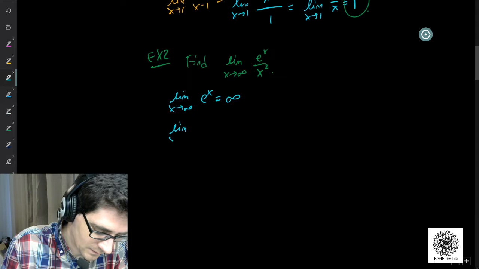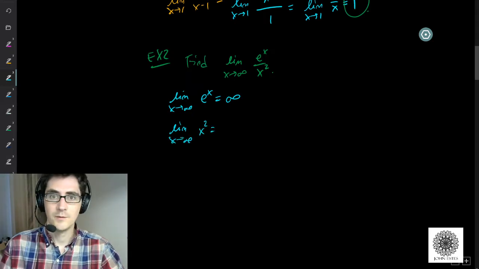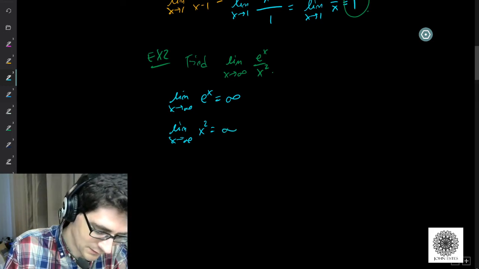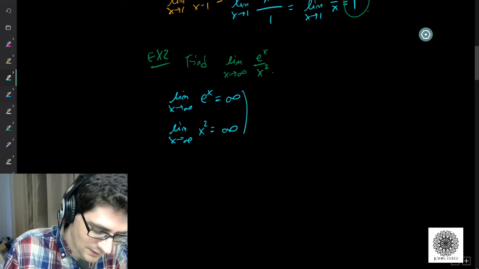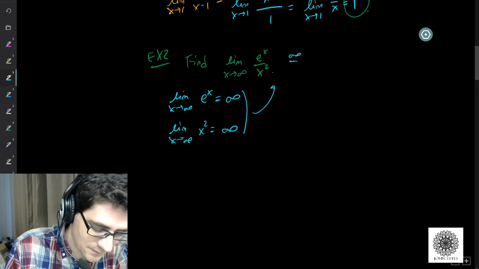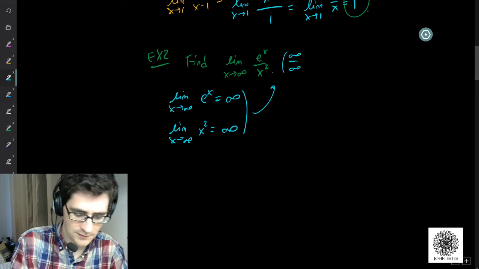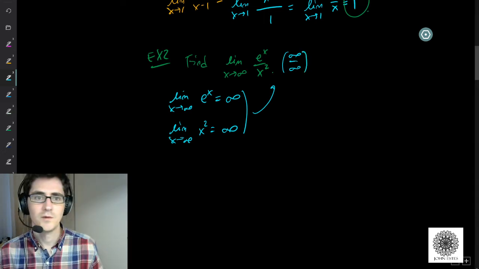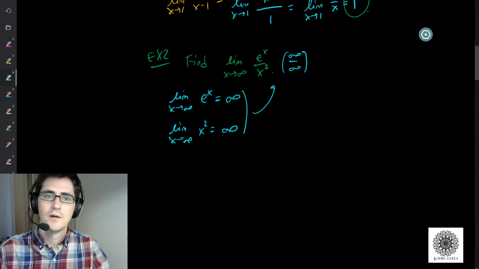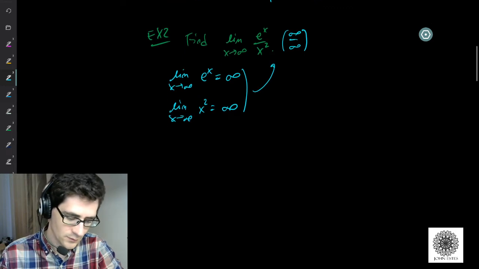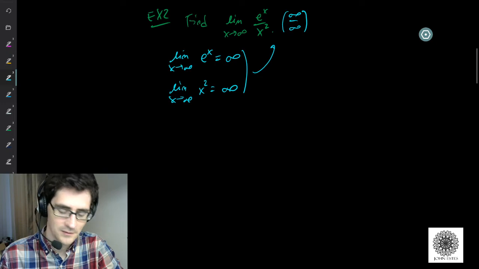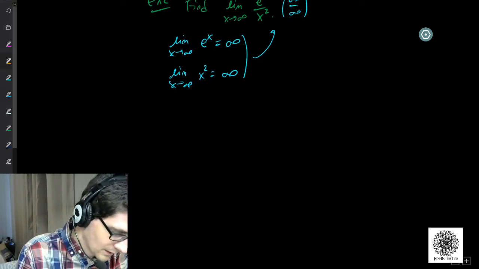And for x squared, we know the parabola's end behavior as x approaches infinity is also infinity. So from that, we derive that this is an infinity over infinity situation, which is actually good for us because that means we can use L'Hopital's rule. And if we didn't have L'Hopital's rule, or if we didn't have infinity over infinity here, this might be pretty tricky.